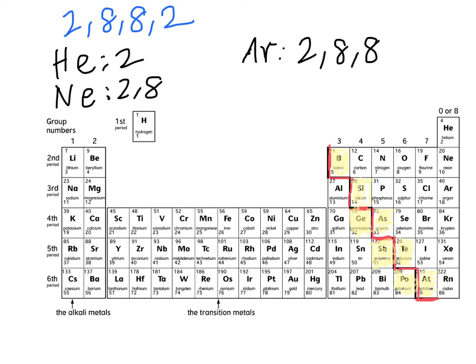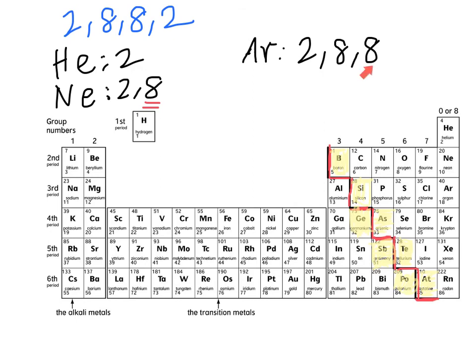As we can see here, helium has only 2 electrons, so its electronic arrangement is 2, which makes the first shell complete, its full outer shell. For neon, its electronic arrangement is 2, 8. As you can see here, 8 electrons on its outer shell. That makes the second shell full, and its complete outer shell for neon as well.